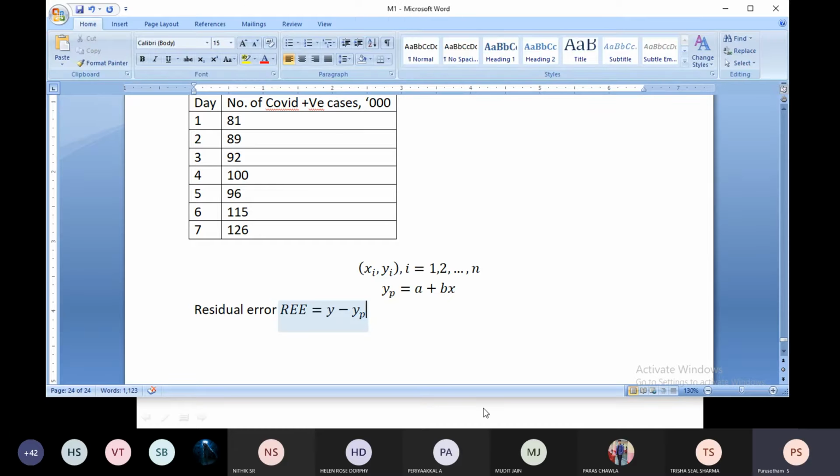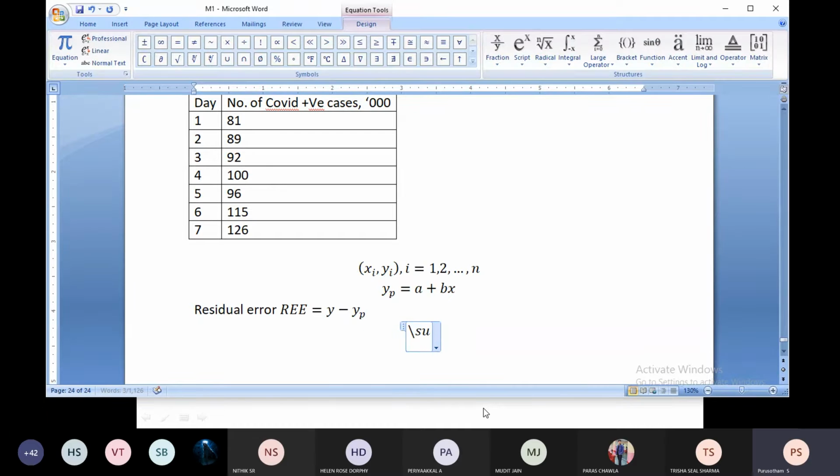Now, the sum of the squares of this error, which is y minus yp. As I said, the sum of the squares is sigma y minus yp whole square.